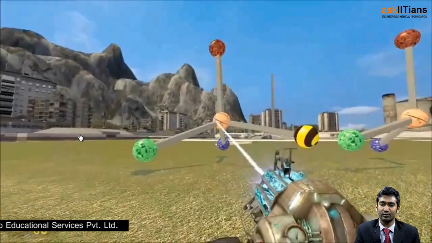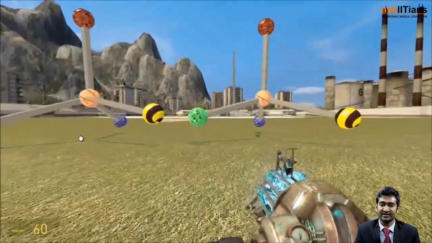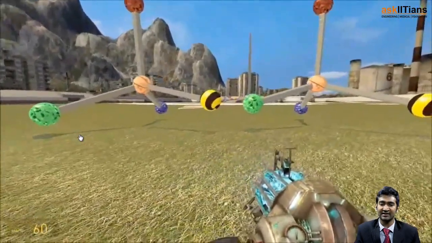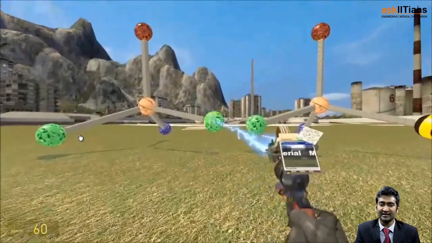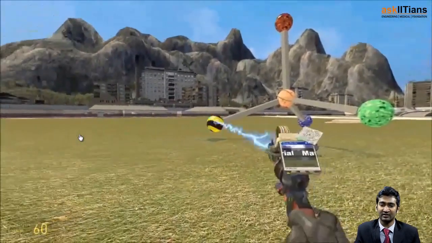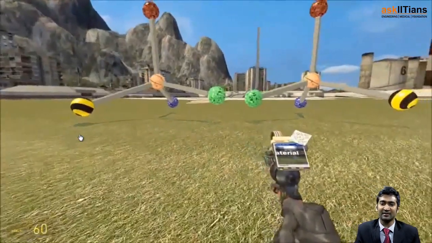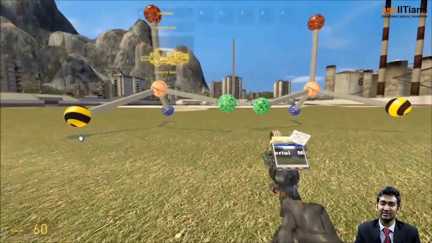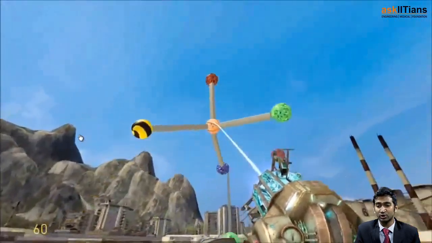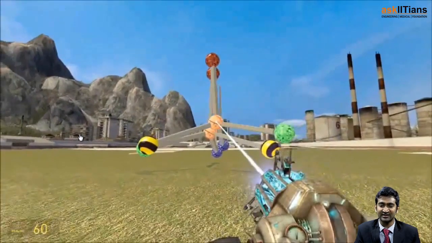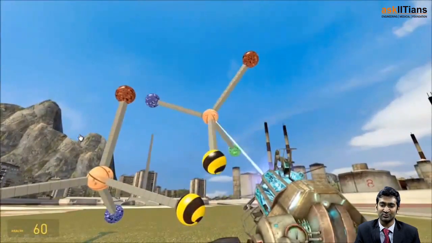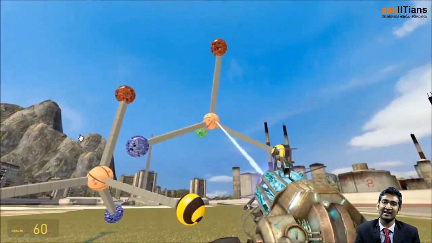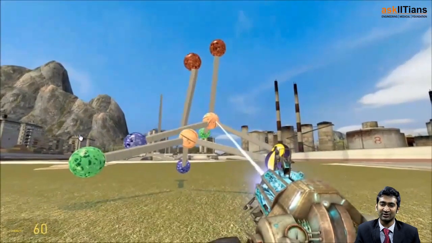So what I will try to do, I will just change the position. I will make that yellow ball green, and that green ball yellow. Now they are mirror images, right? And these are what we say enantiomers. If I now try to superimpose this one over this, it will never get superimposed. Whether you rotate it in any direction, it will never get superimposed.